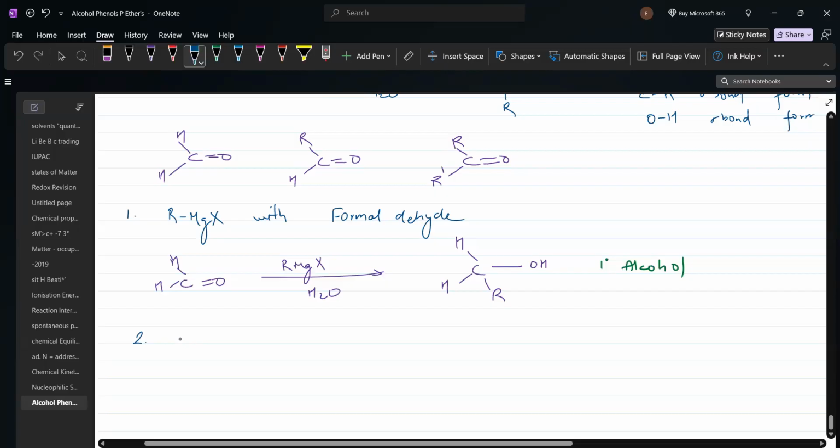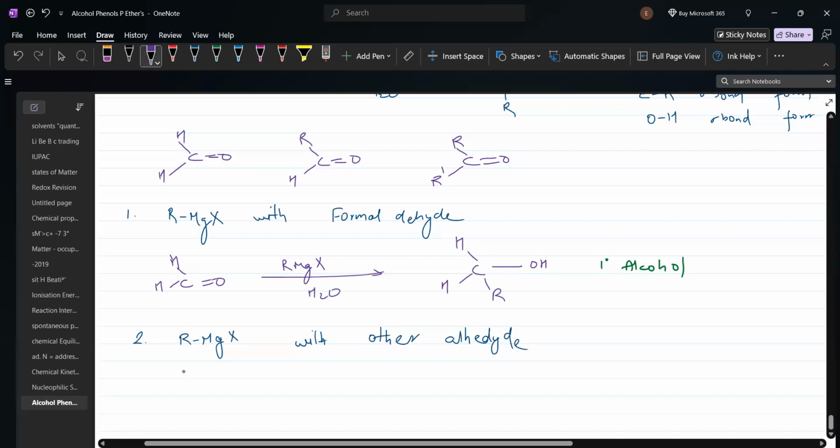So this Grignard reagent reacted with aldehydes other than formaldehyde. So other aldehyde means it will not be H2CO. So then what will it be like?